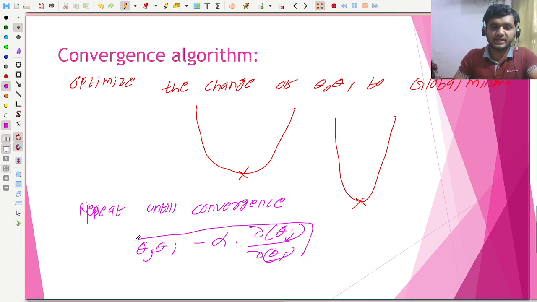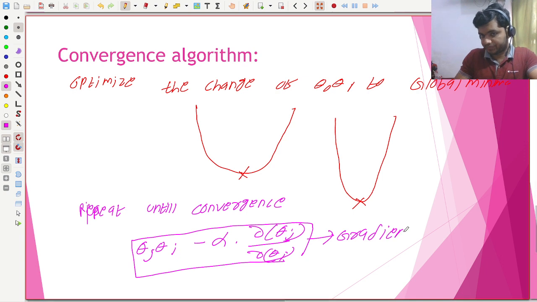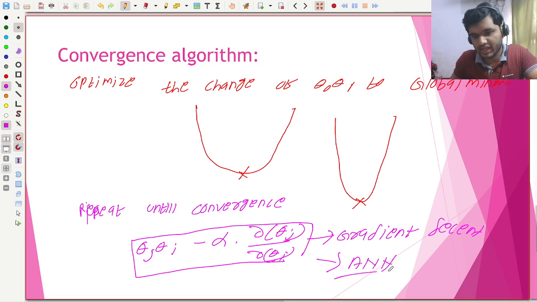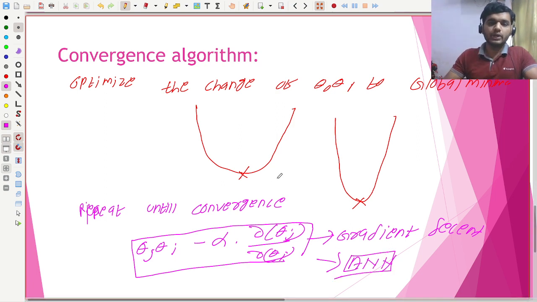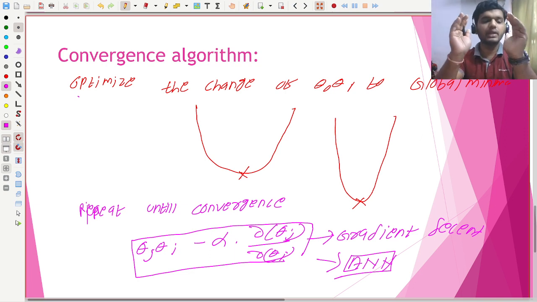This is gradient descent. We'll discuss it in the neural network topic, artificial neural network, ANN. When we discuss ANN, we'll discuss gradient descent in detail. What you should know is that it is the convergence algorithm for optimizing the change of theta 0 and theta 1 for finding the global minima.